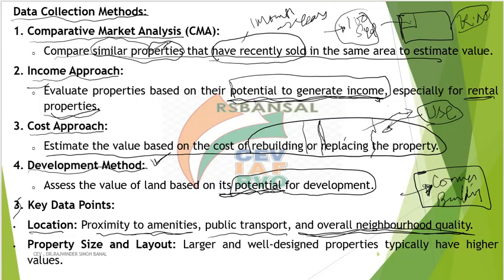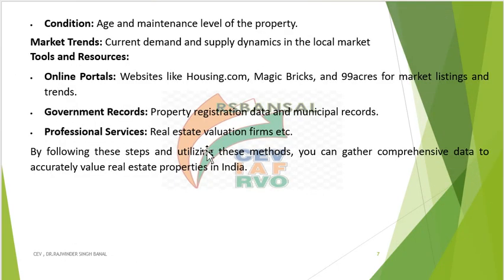Whether it is nearer to some slum area, or some sewage treatment plant, or other things. And then property size and layout. The value of the property will depend upon the size and the layout, so you have to collect the data about these two things.